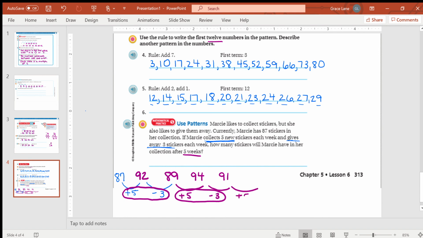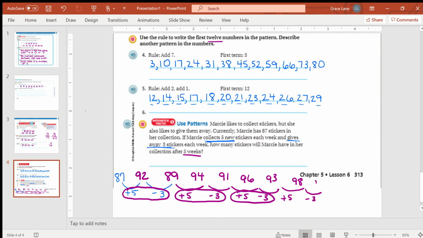Alright, the next week she gets 5 more stickers. Now she has 96 stickers. She takes 3 away. 93. That's 3 weeks. The next week, she gets 5 more. She has 98.